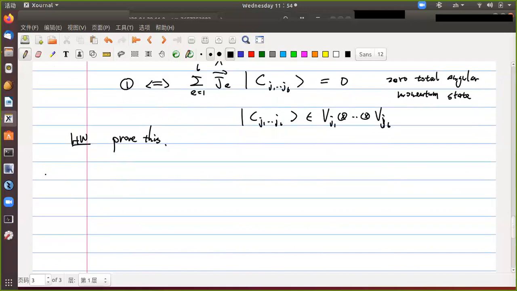Okay, so this state C^{j1...j6}, satisfying 1 or equivalently 2, the invariant tensor or zero total angular momentum state, is what we usually call an intertwiner.